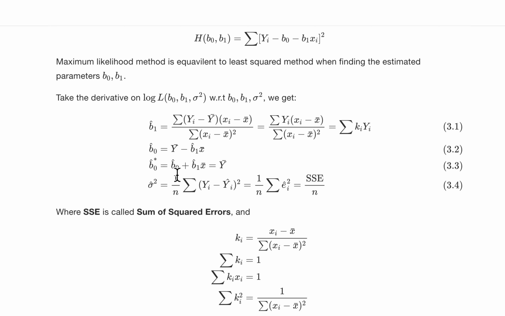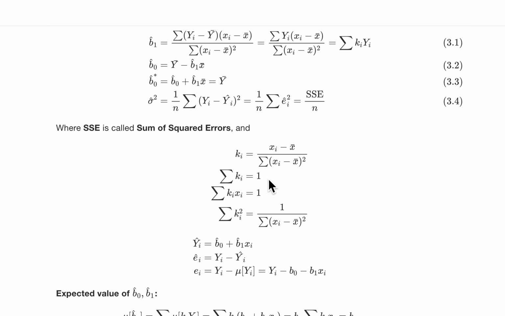Same for b0 star and sigma squared. Sigma squared hat is one of the important estimations: it's the sum of squares divided by n. The sum of squares is the observed value of yi minus the fitted value of yi, squared, and summed over all the sample yi's. So the maximum likelihood estimation of sigma squared is SSE divided by n.